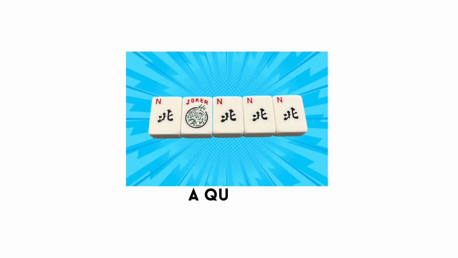And finally, we move on to the grouping called quint. And of course, we all know quints equal 5. So in this grouping, we have a unique situation. Since there are only 4 of each of the tiles, except for flowers, you must use jokers to complete a quint.